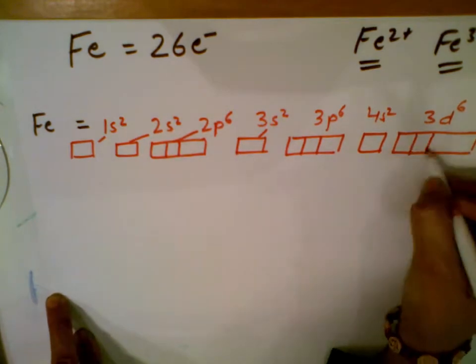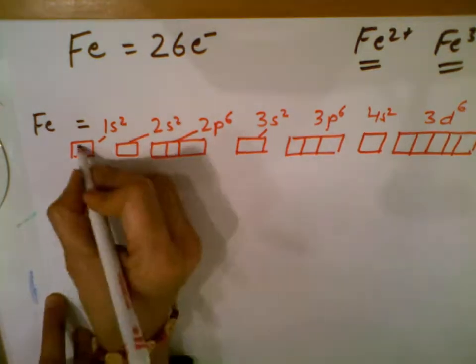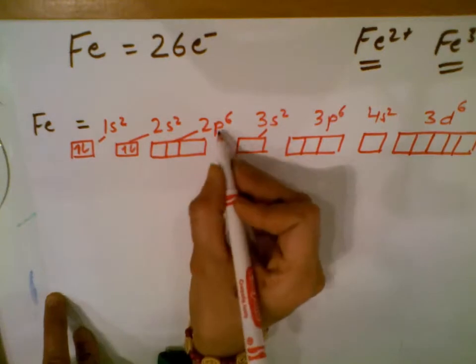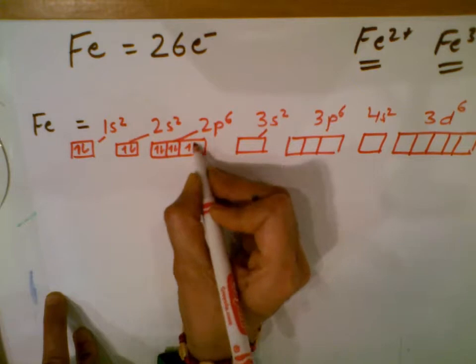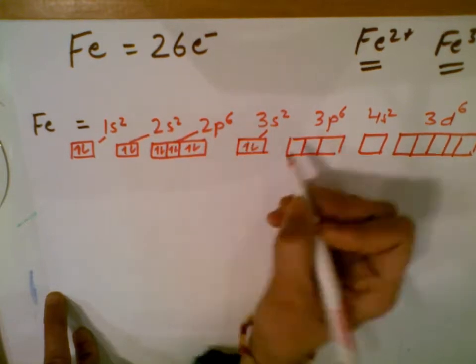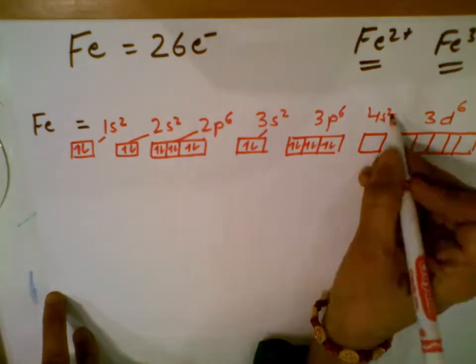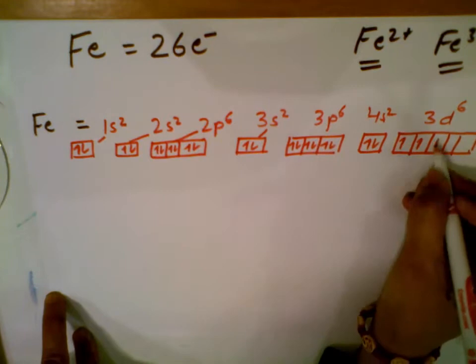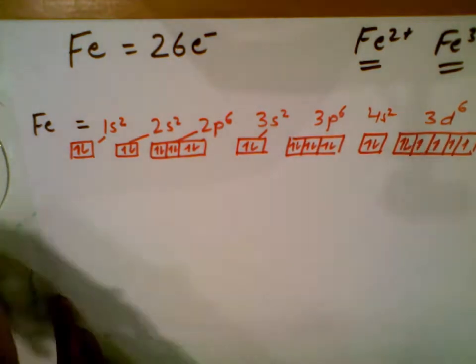Here you go. Now you put electrons: 2 electrons, 1 and 2; 2 electrons again, 1 and 2; 6 electrons, 1, 2, 3, 4, 5, 6. Here it is 2, 1 and 2; 6, 1, 2, 3, 4, 5, 6. Here 2, and this one is 6, 1, 2, 3, 4, 5, and then 6.